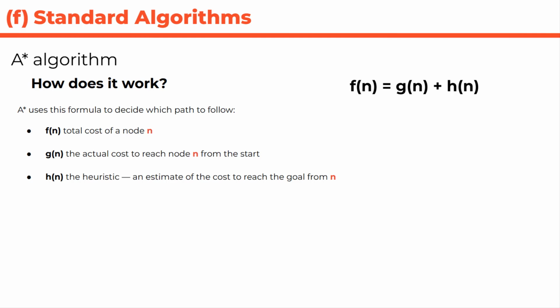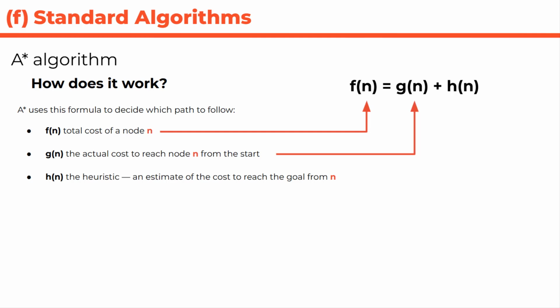So let's start with the first one, F(n). n is just the node that you're at, and F is the total cost of the node itself. So with your knowledge of Dijkstra's, the cost of a node is the number that's there, and that'll be with the heuristic value included, which we'll see visually a little bit later on. But we've got F, which is the total cost. That's what we're trying to work out.